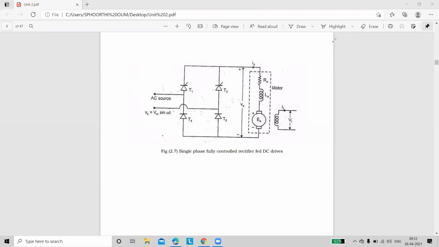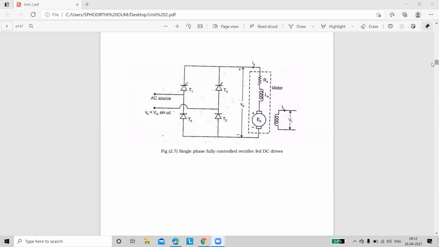Correct. For any topic on rectifiers, especially rectifiers fed DC motor drives, initially you have to explain the circuit operation and construction. It is a full wave rectifier. For this full wave rectifier, 4 thyristors are connected in bridge pattern.